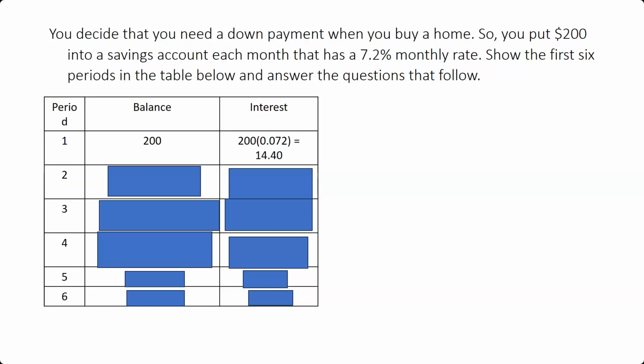So the next month, you have the $200 balance plus the interest you made, and then you're putting another $200 into the account. So you have $414.40. And that's how much you make in interest, on that 414, because that was the balance at the beginning of that cycle.